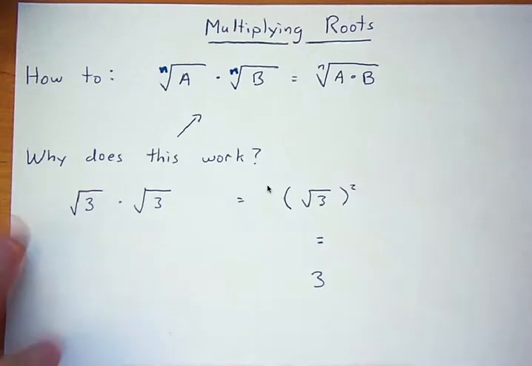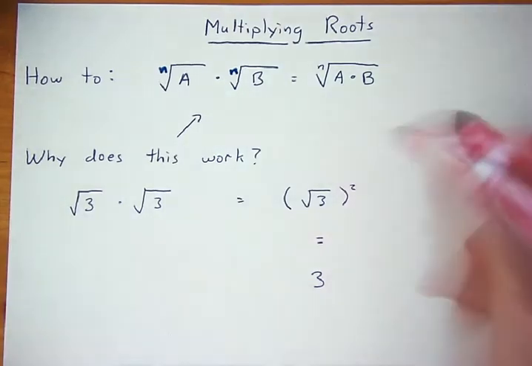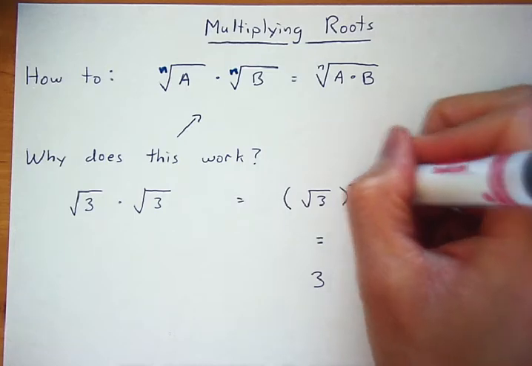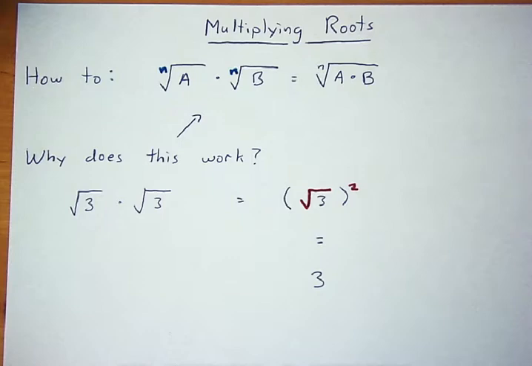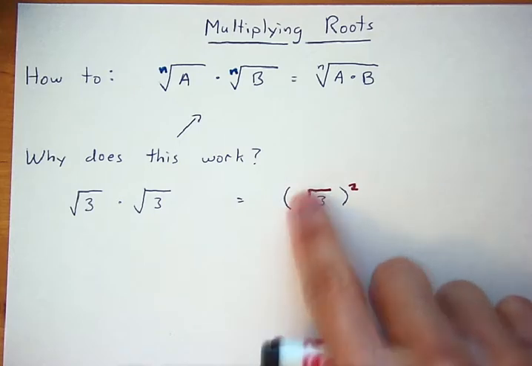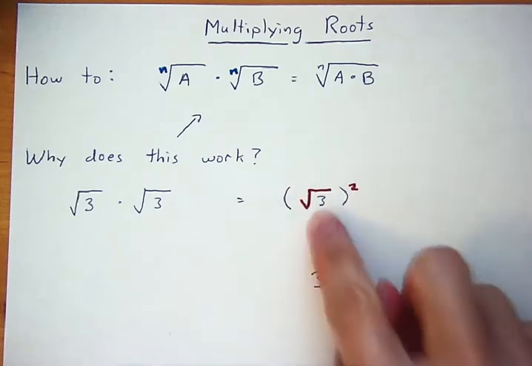I know that because the exponent 2 and this square root are opposites. They're inverse operations, so therefore that square root and that 2 will sort of cancel each other out and you'll just have that 3.